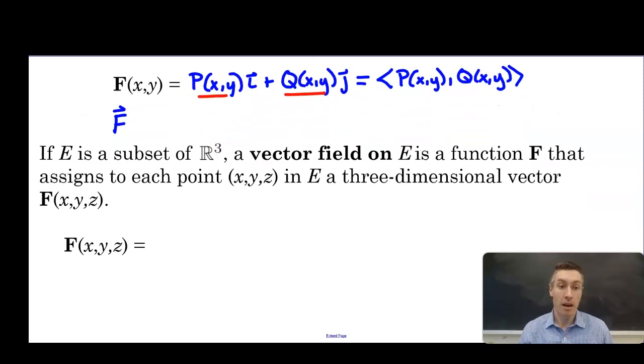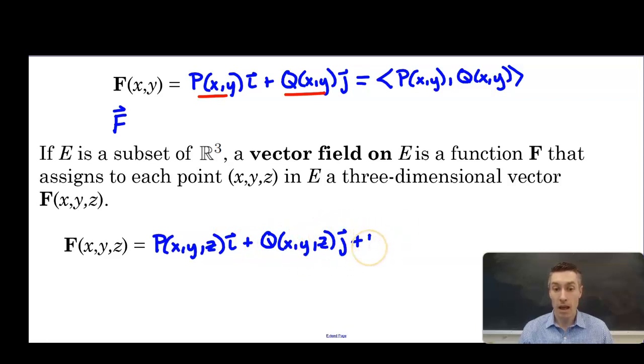If we extend up 1 dimension, E is a subset of R3 or 3 space. A vector field on E is a function F that assigns to each point (x, y, z) in E a 3-dimensional vector F of (x, y, z). So same notation, capital, bold, F, but now we have 3 components, so it's going to be P of (x, y, z) as our i component, Q of (x, y, z) as the j component, and R of (x, y, z) as the k component.